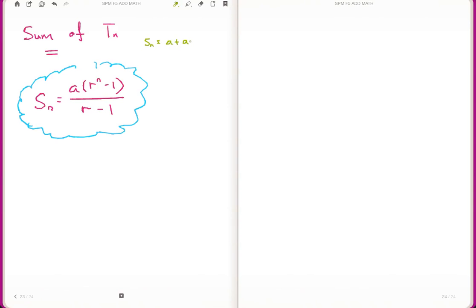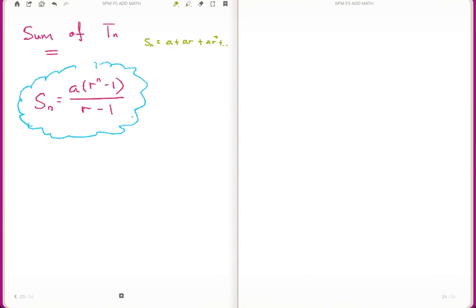The second term is A times the common ratio, plus A r squared, and so on until it goes to n. Then for the second line of the equation, you multiply it by the common ratio r, rearrange them, subtract them, and summarize, and then you get this equation. So I'm not going to show it here. You don't need to know that at this SPM level. In higher levels, perhaps you will.